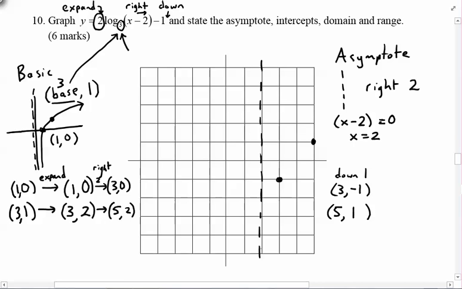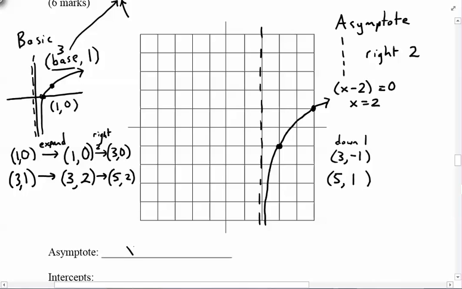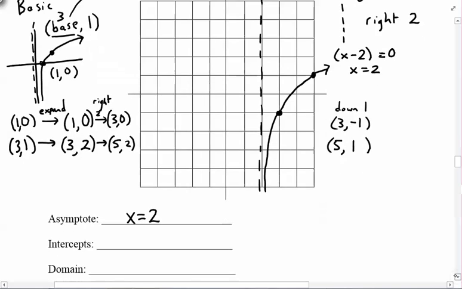So now I draw the basic shape of my graph, which is really close to the asymptote on the bottom, and goes upwards like so. Okay, so filling in the information about the log graph, the asymptote is the line x equals 2, and the domain of the graph is the possible values of x.